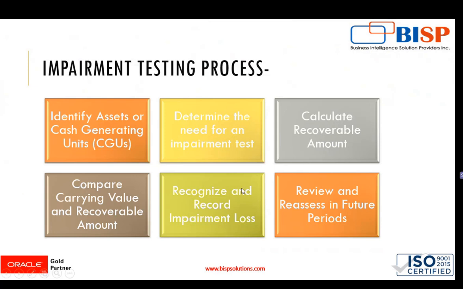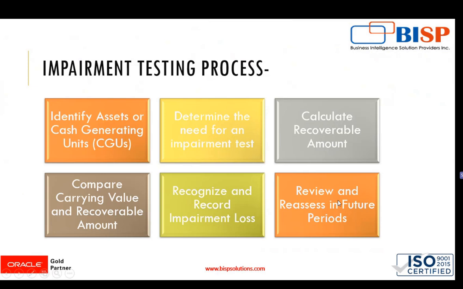So how can we recognize and record impairment losses? We calculate the impairment loss as the difference between the carrying value and recoverable amount. Then we record the impairment loss in the financial statements by reducing the carrying amount of the asset and charging the loss to the income statement.